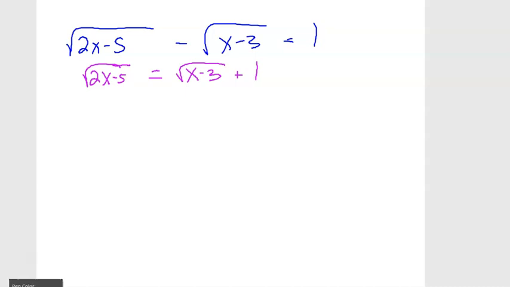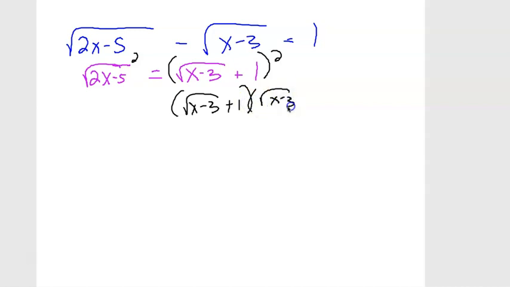Now be careful again, when you square this side, you're going to literally FOIL that, okay? So this is literally the square root of x minus 3 plus 1, and then the square root of x minus 3 plus 1. This side over here works out nice. So when you start to FOIL this, square root of x minus 3 times square root of x minus 3 is just x minus 3.